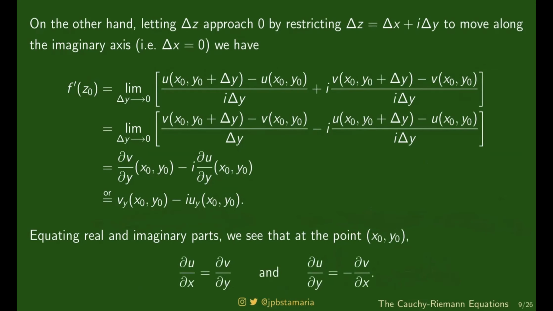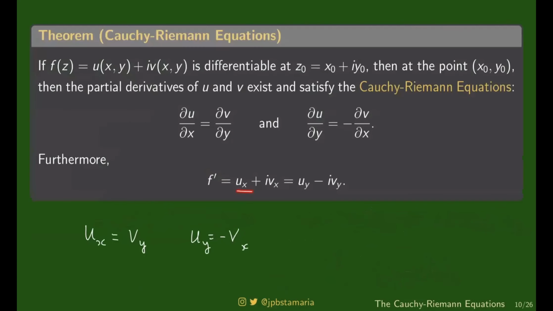Okay? Yun yung theorem na ito. Ux plus IVx, or you can use Vy minus Iuy. If you want the partials with respect to x, then you can use this. But if you want the partials with respect to y, you can also use this. Anyway, equal yung dalawang yan because of the Cauchy-Riemann equations.